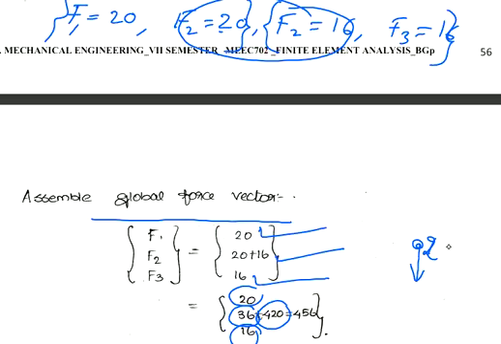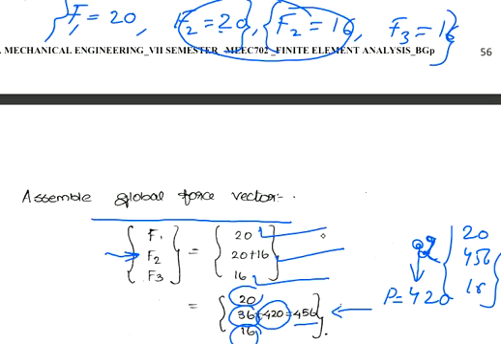Okay, it means we have to consider the load at node 2 is 420, that we can say P is equal to 420. Now to take the force vector at 2, 36 plus 420 you have to add, so that you are getting 456. So what will be the force vector now finally? It is 20, 456, again 16. This is F1, F2 and F3.